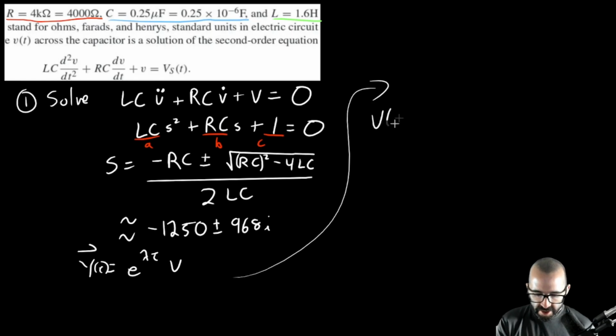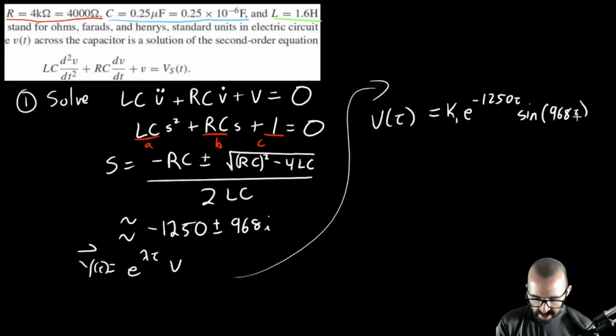And you're going to get that our general solution v of t is k1 e to the negative 1250 t times sine of 968t plus k2 e to the negative 1250 t cosine of 968t.